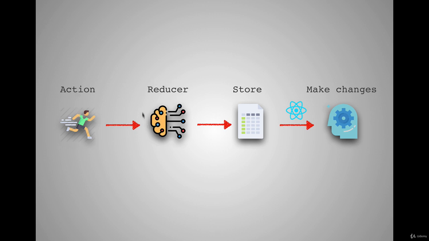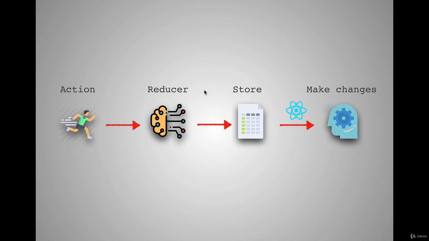And a reducer is simply a pure function that receives an input, which is the action, so the user just clicked on a button, and creates an output. And this output is the state, or the store, as we call it in Redux, which is the entire state of the app. So as it goes through the function, the store gets updated, and React, because it notices this state change, makes changes to the view layer.